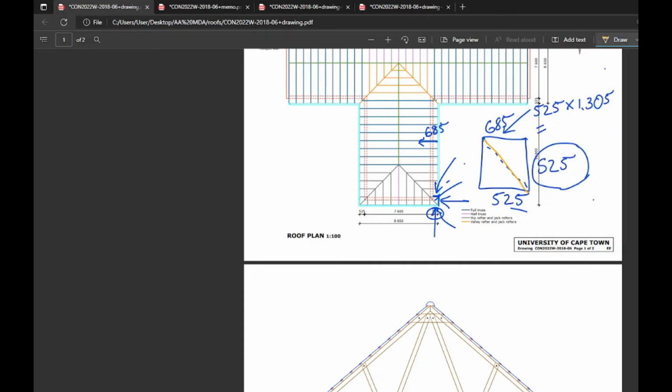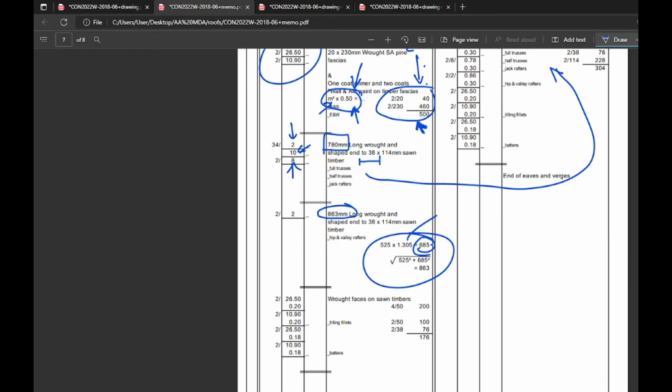Now we go across to the triangle method. Break it up into the triangle now. 525, 685. What is this? Y. And this is simply Pythagoras. So 525 squared, and you should get 863. There we go. That's what I've just done.